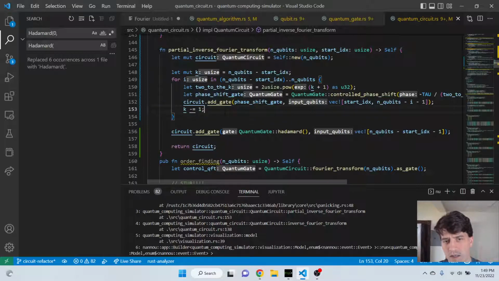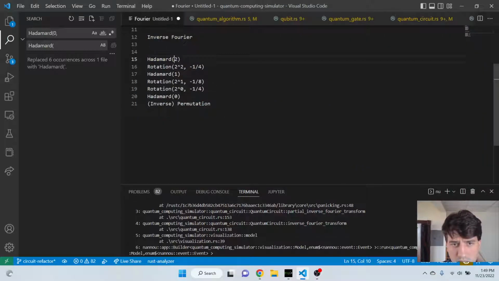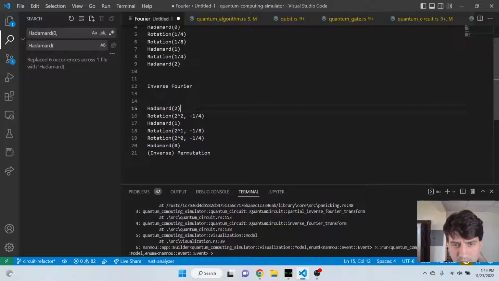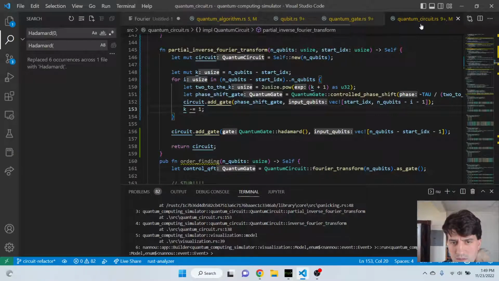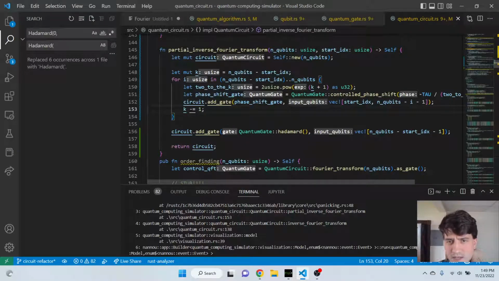Do we not want K to decrease? 1/4, 1/8. No, we do want K to decrease. Oh. But K is going negative somehow. N qubits, fine.